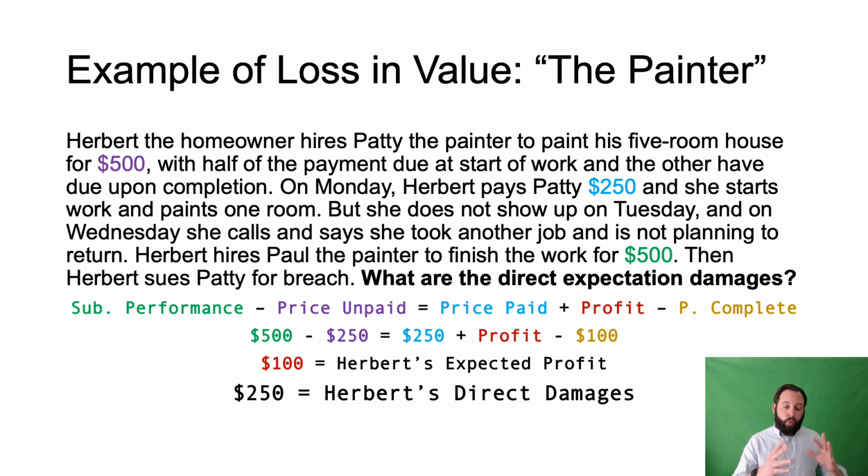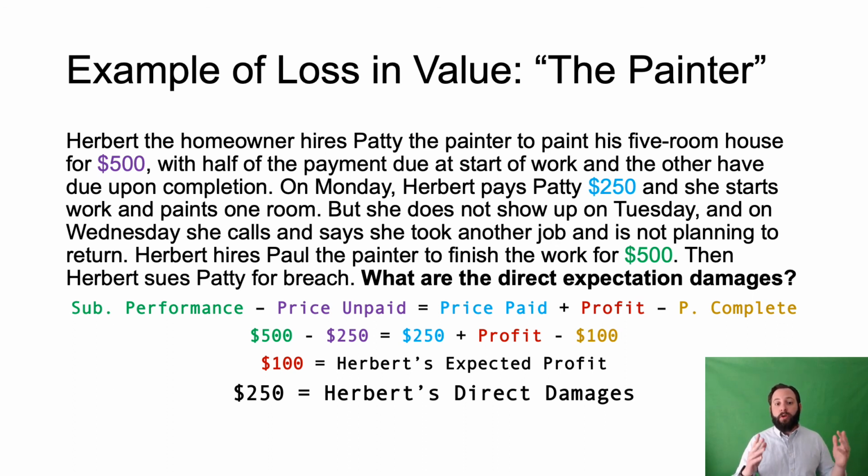And what does Herbert expect? He expects his whole house to be painted for a total of $500. That was the bargain. 5 rooms for $500. How do we make it so that Herbert actually pays that amount of money? How does he get what he expected? Well, after paying Patty and paying Paul, Herbert is now out a total of $750.